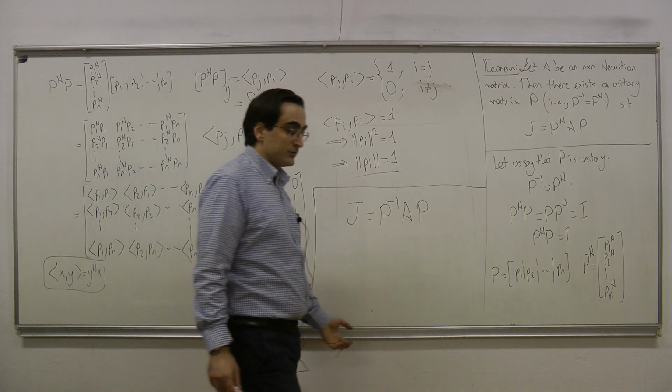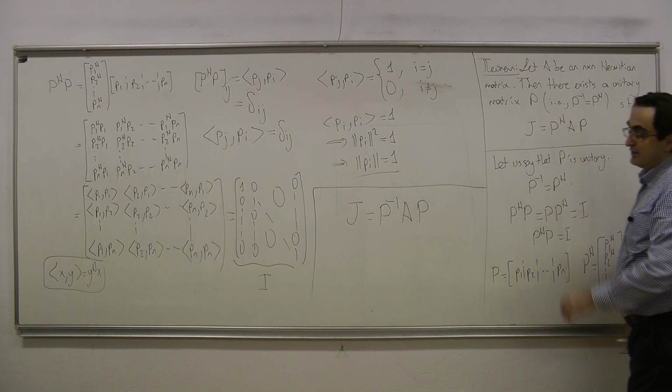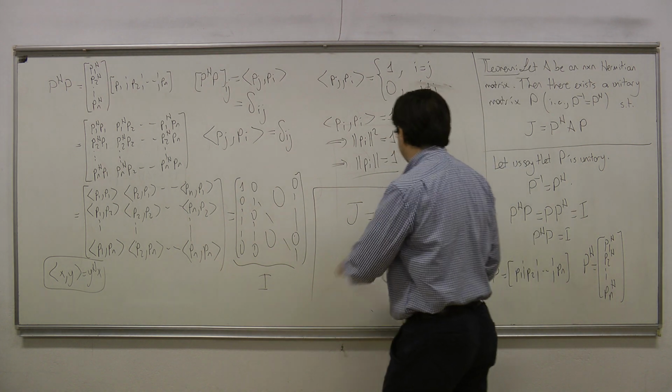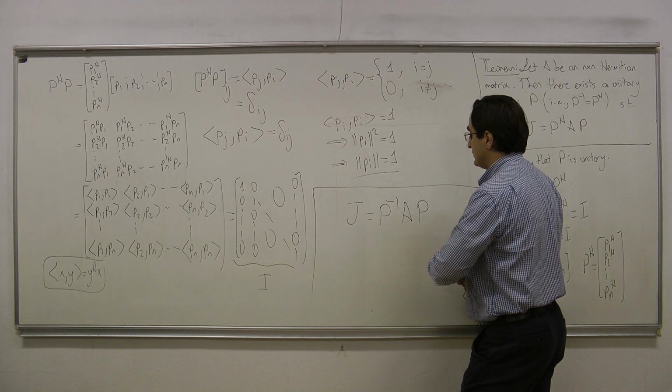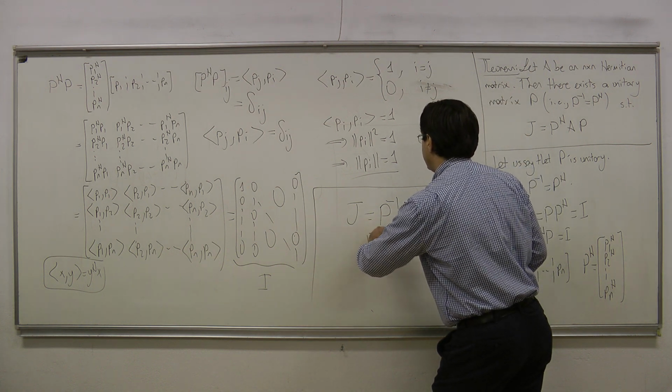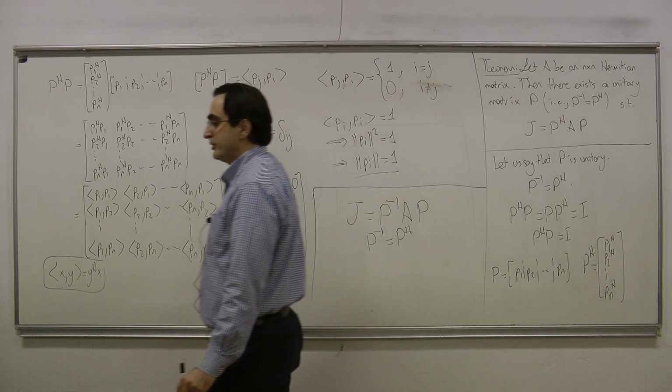We have seen this. And now the theorem is claiming that we can find a unitary matrix P. In addition to this general property, we can find P which satisfies P inverse is equal to P Hermitian.